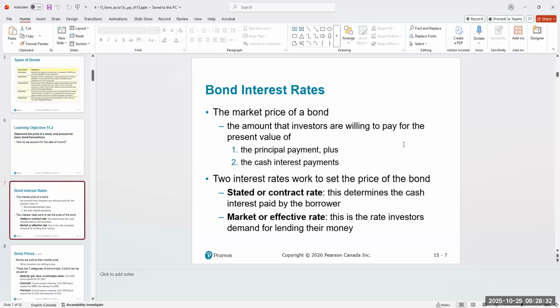This rate determines how much interest will be paid. So this determines the interest payments. And after that, we're going to have a market or effective rate, which is the rate that the investor wants for lending the money.